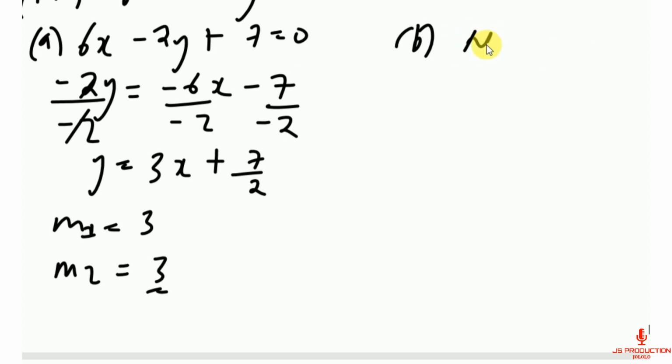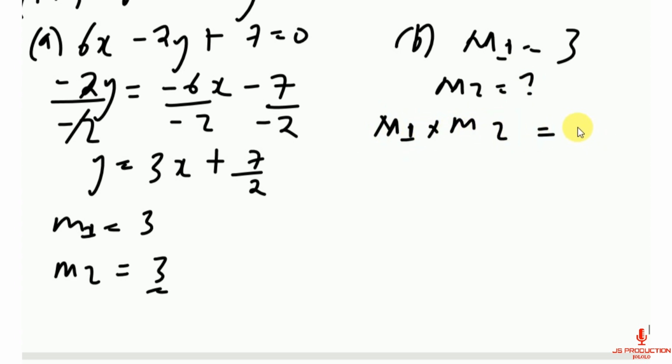So we know that our m1, that's 3, but we don't know our m2. But we know that our general form, we have m1 multiplied by m2 is equal to negative 1. m1 we know that's 3 multiplied by m2 is equal to -1.